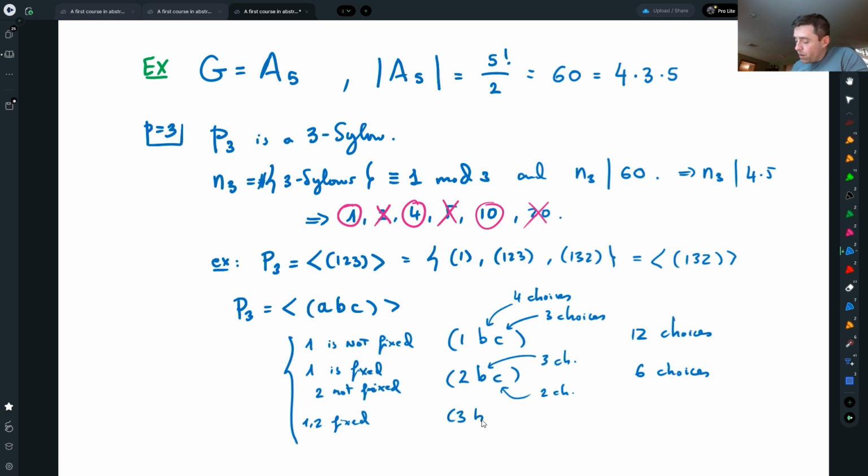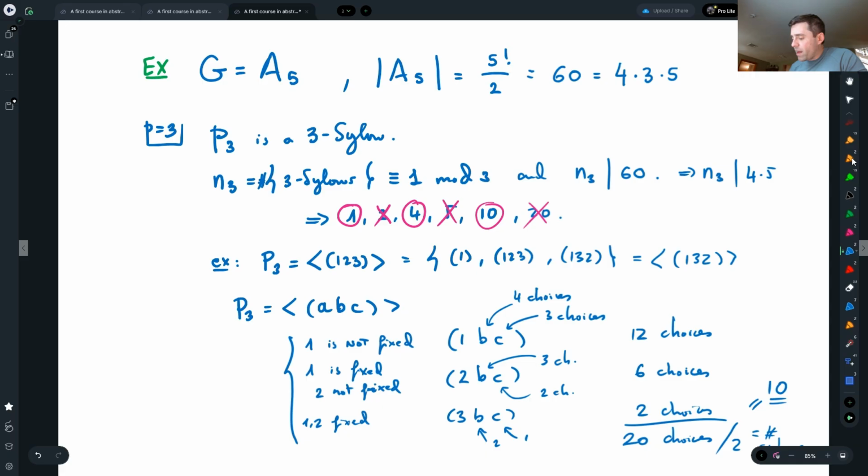Now I have 2 choices and only 1 choice left, so there are 2 additional choices. Overall, 12 plus 6 plus 2 is 20 possibilities for a generator, but each subgroup has 2 generators, so dividing by 2 gives 10. So in fact, the right answer was 10 3-Sylow subgroups.